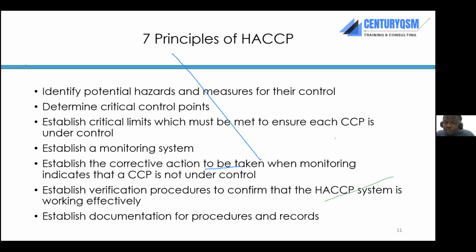Then the dimension of that sieve is also important, because if the mouth is too big, if it's too porous, the sugar strands from the bag can go into it. So you look at the dimension to be sure that only the size of that sugar can go in. Anything bigger than the size of that sugar will not be able to go in. So it's a physical control that you have put in place.